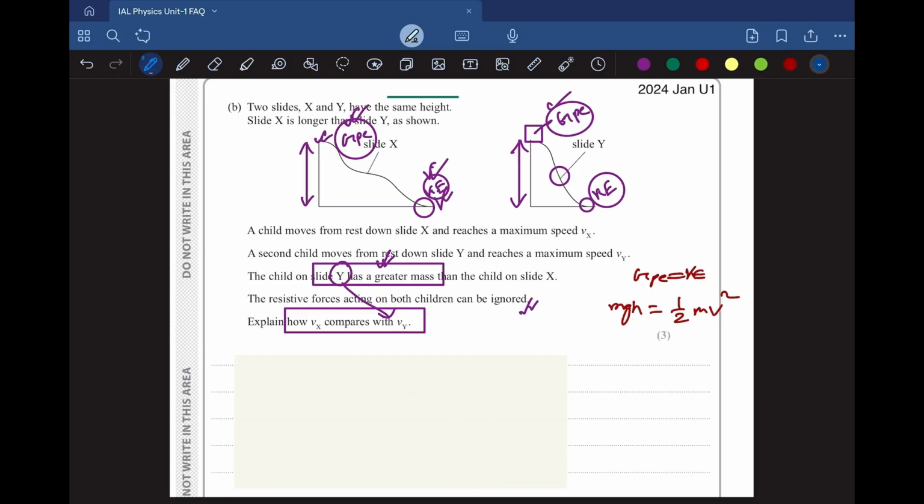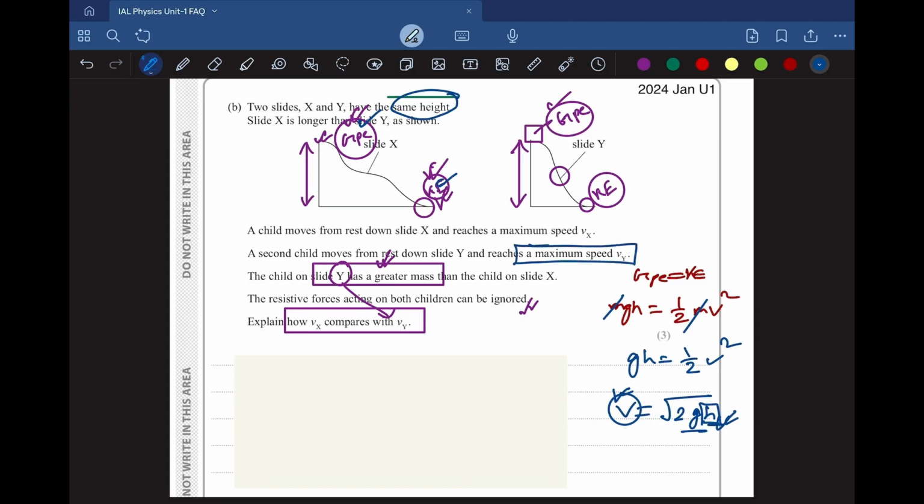Both sides have the same mass, so we can cancel the mass, because the mass doesn't change upon sliding down the slide. So gh equals half v squared, and if you make v the subject it becomes root over 2gh. So your velocity depends upon the height from which you are released, and the gravity. As gravity is constant, it solely depends upon the height. As both are released from the same height, they will reach the same maximum velocity, despite one having a greater mass, because the mass gets cancelled out.